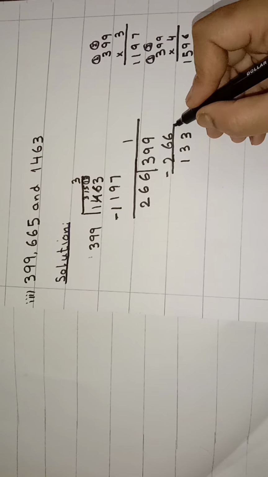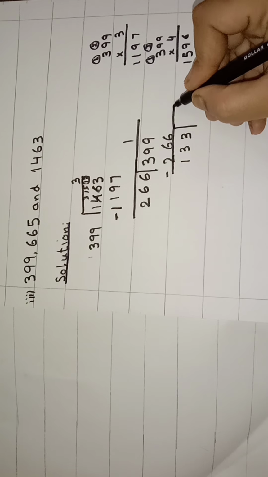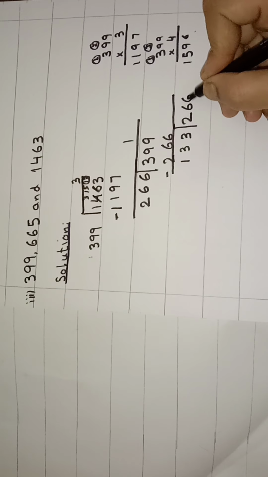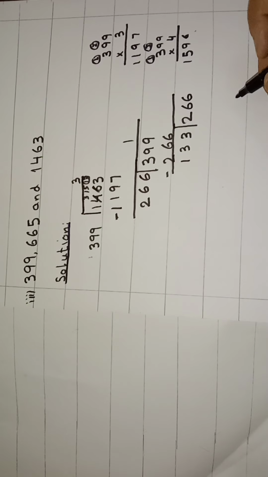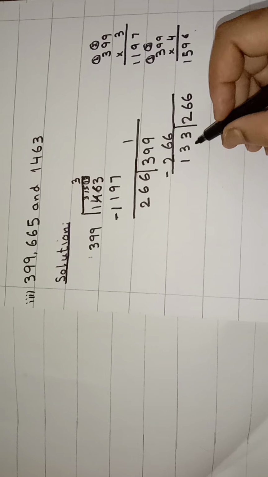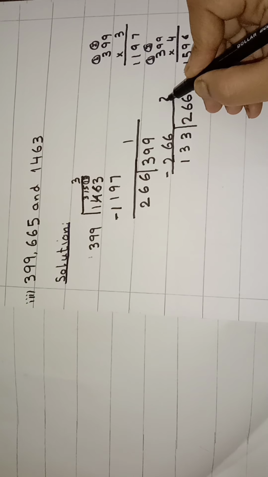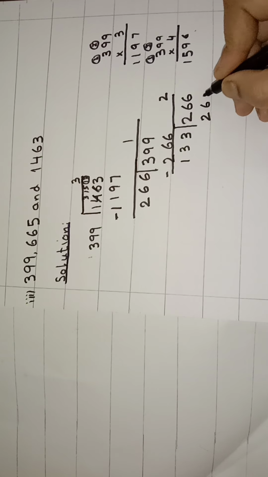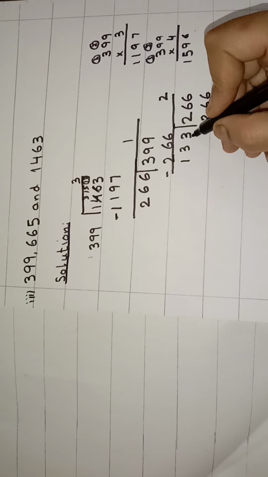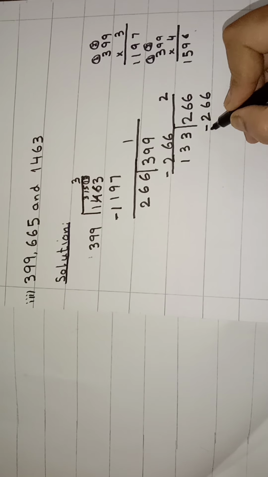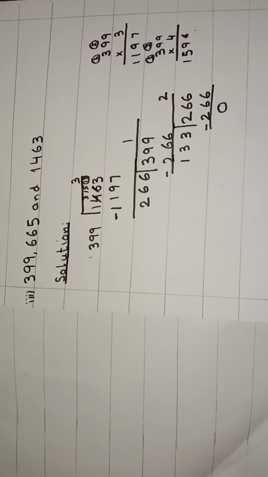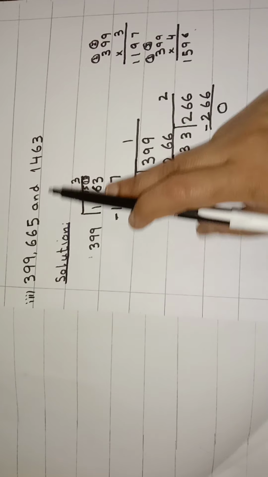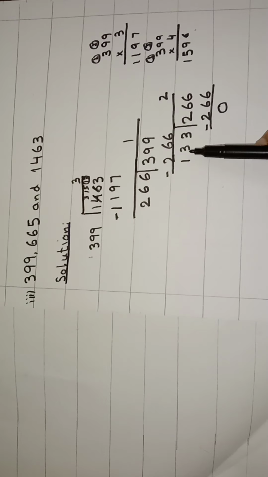Again our remainder becomes the divisor, and this becomes the dividend. 266 and 133. 133 twos are 266. On subtracting we get 0 as a remainder. So it means the HCF of 399 and 1463 is 133.